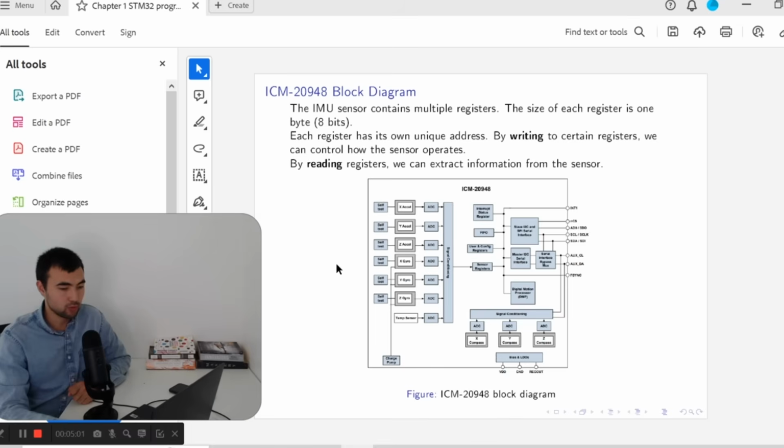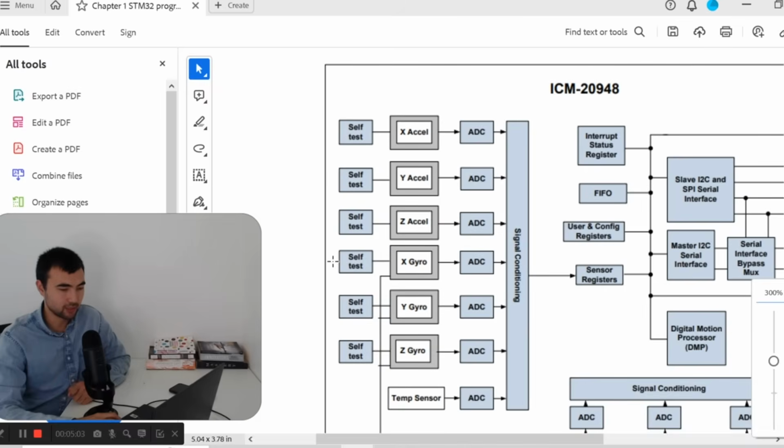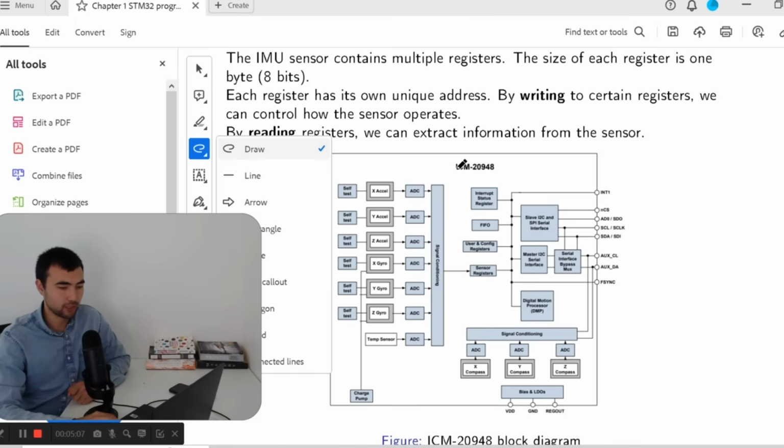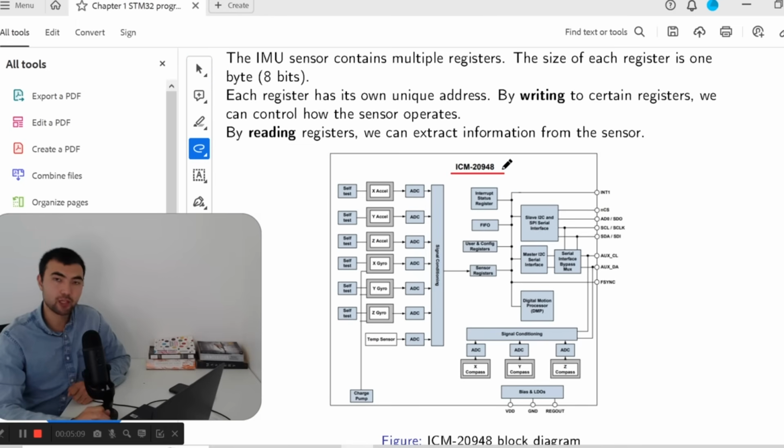Next, let's look at this diagram from the datasheet. So it's a block diagram of the ICM20948 sensor. And here we have sensors, X, Y, Z acceleration, the accelerometer and the gyroscope. And the output of the sensors is, of course, analog signal, okay? So it's some signal it is recording.